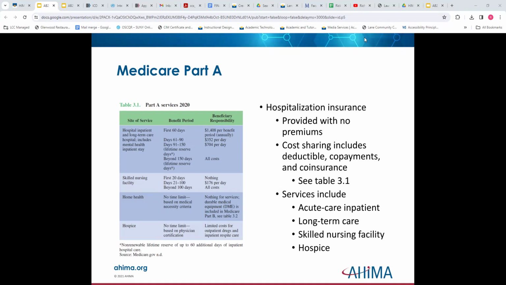And you can see here the different cost depending on the facility, the benefit period, and what the beneficiary is going to be responsible for.